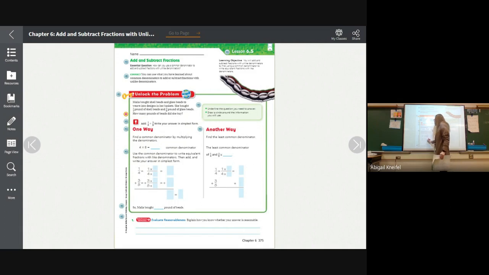We multiply this by 4, we multiply this by 4, it would be 12 over 32, which 8 plus 12 is, does anyone know? 20 over 32, and then both of those can be simplified by 4, which would be 5/8. That's just not my favorite way to do it.